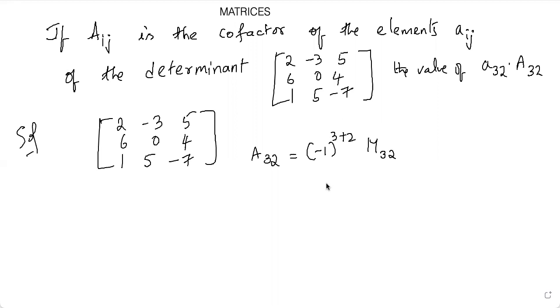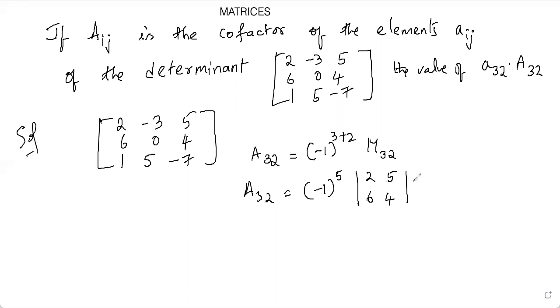Now that is A32, which is minus 1 to the power of 3 plus 2, which is 5. So the minor of 32 is the determinant 2, 5, 6, 4.